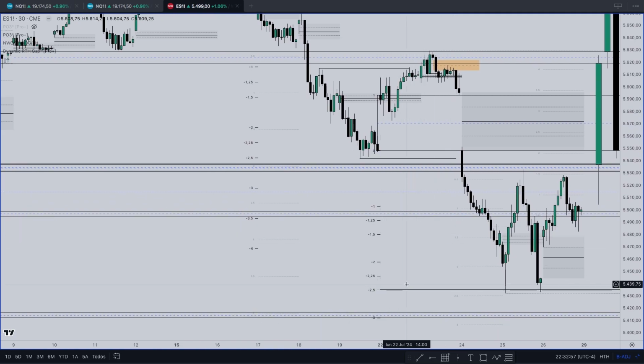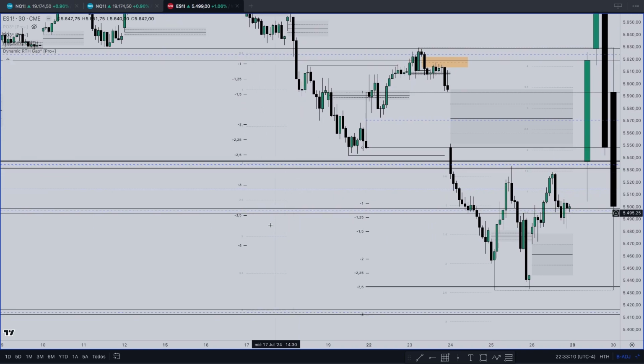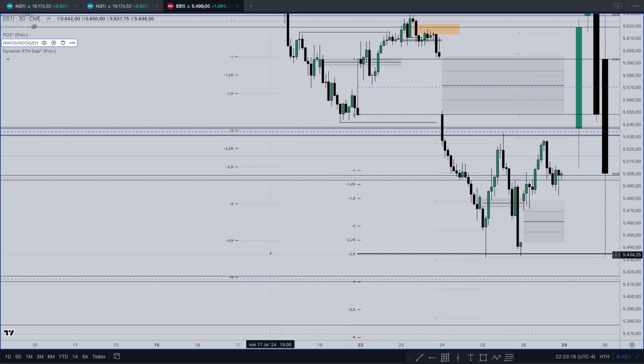This is ES, and note 2.5 standard deviations from this gap, the Friday to Monday gap, and also just a little bit lower, sorry, it's this, and also 3.5 standard deviations.